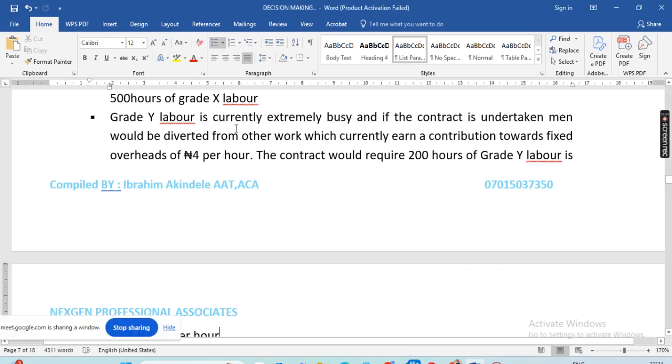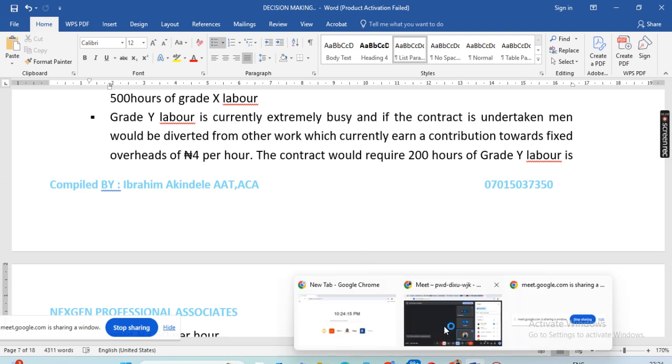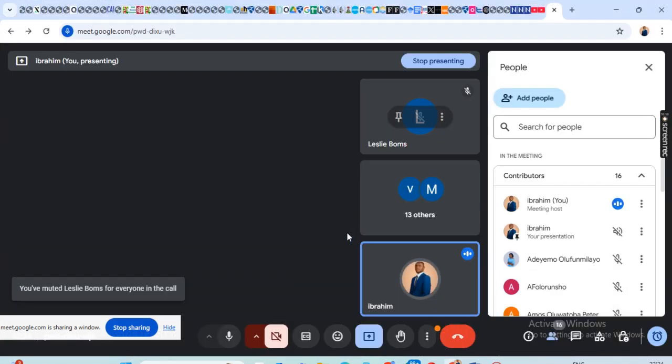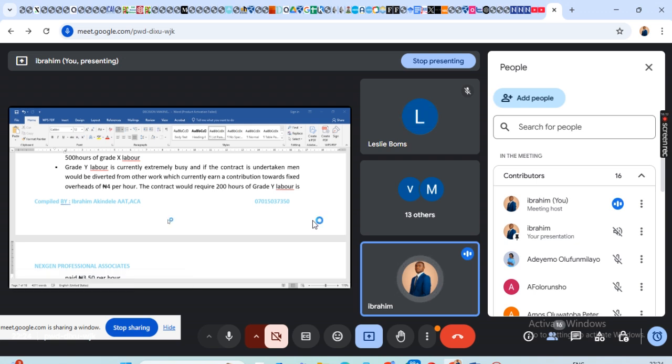And I've said something. Don't forget that when we are treating labor, I always tell you, let me use a practical case scenario. Afolorunsho is currently busy in a work, and let's say there are two departments, Department A and Department B. Please pay attention to this illustration.